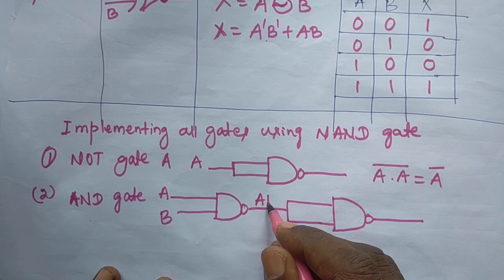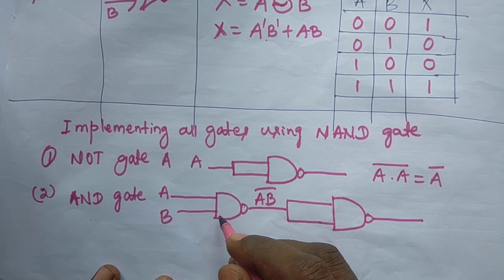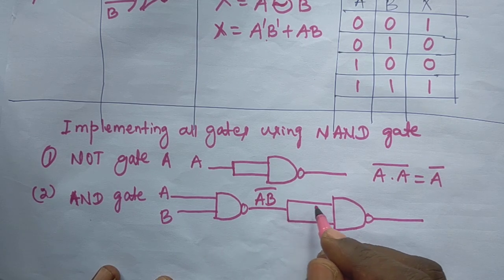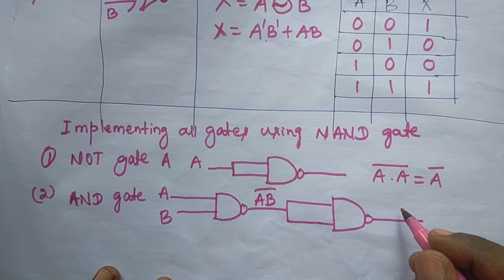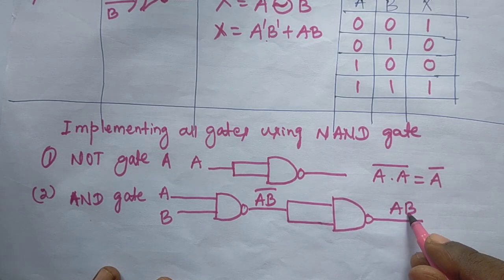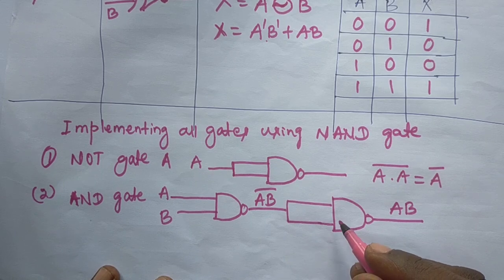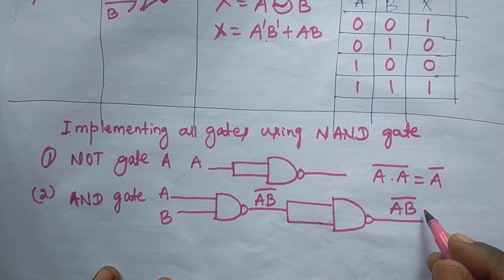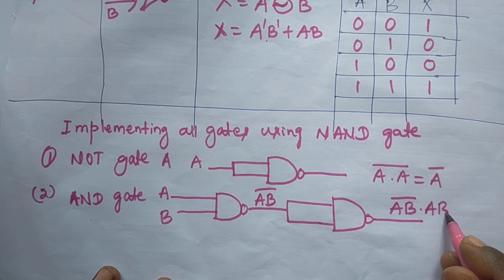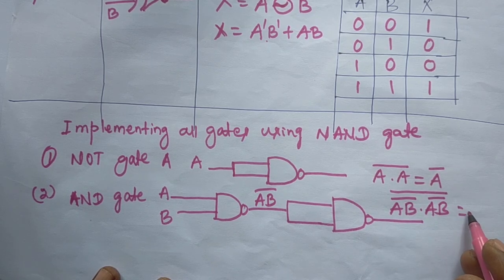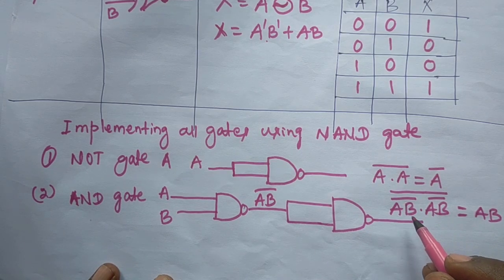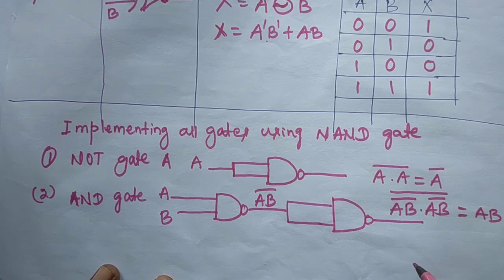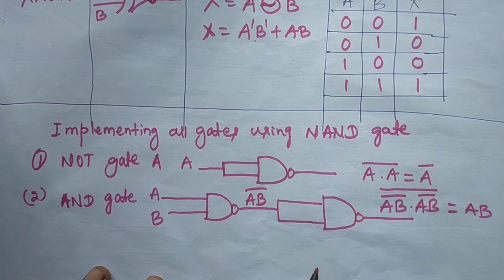This value is the complement of A B, because here A B is provided to this particular NAND gate. Again, the complement of A B is taken to make a simple A B. So here the complement of A B, then the complement of the complement of A B, whole complement, you can tell is A B, because the complement of the complement is A B. In this way we can design different logic gates using the NAND gate.